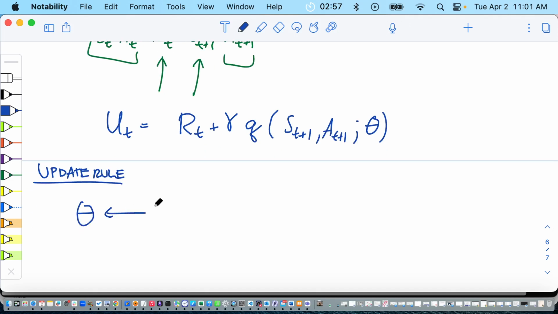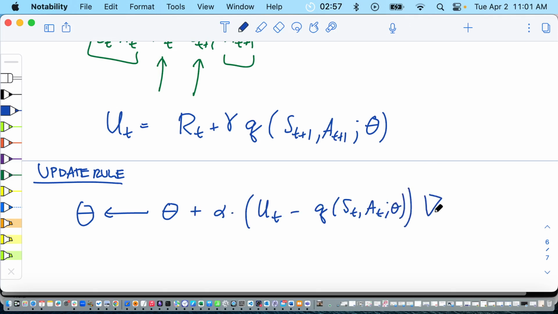theta becomes whatever the old theta was plus alpha, and then we do U_t minus what we think the value is now, times the gradient of Q. So once again, we're updating the values of the parameters theta.